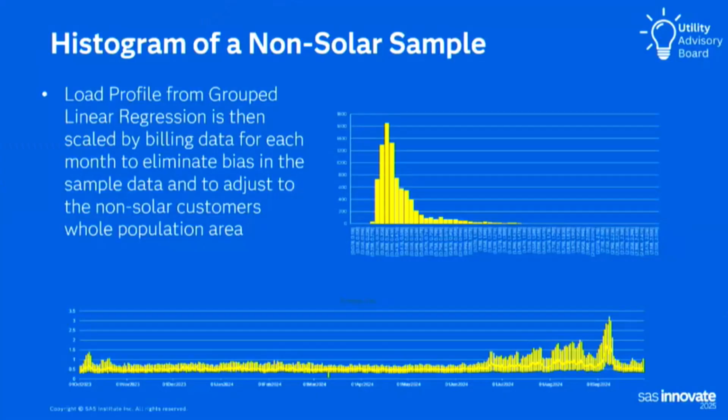So after estimating the 24-hour load profile using grouped linear regression, we scaled it with monthly meter read data available for the entire population. This helped eliminate any bias in the sample and ensured the profile accurately reflected the total non-solar customer population.